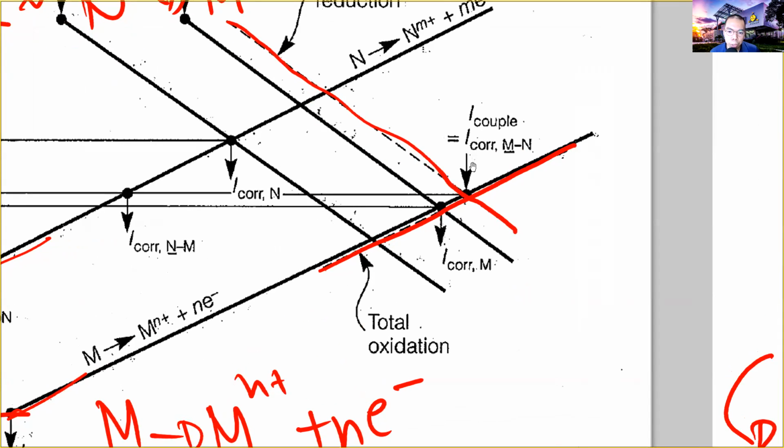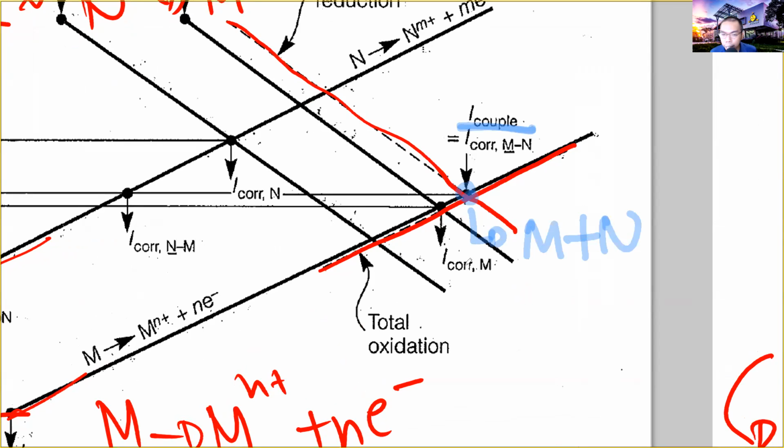And to get the corrosion rate for our system, we just get the intersection of the two dashed lines. So, pupunta siya dito. So, yung corrosion involved in M plus N has speed of I. Itong intersection na I na to. So, that's one information that we get.